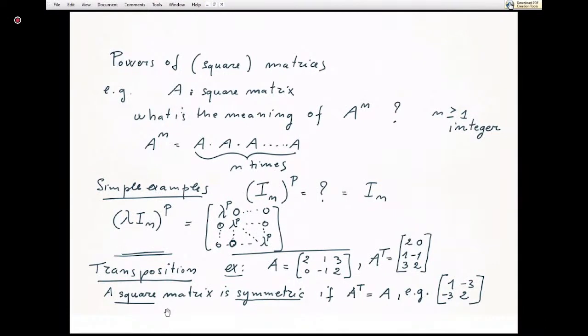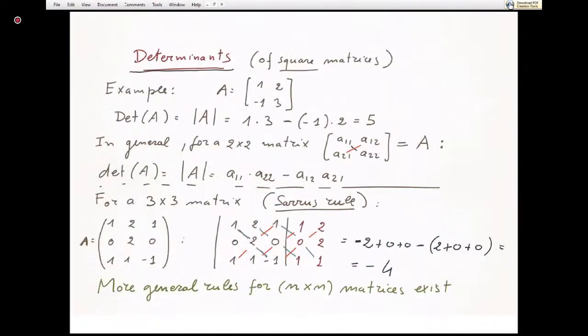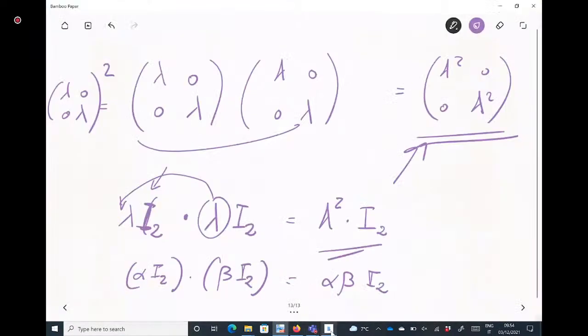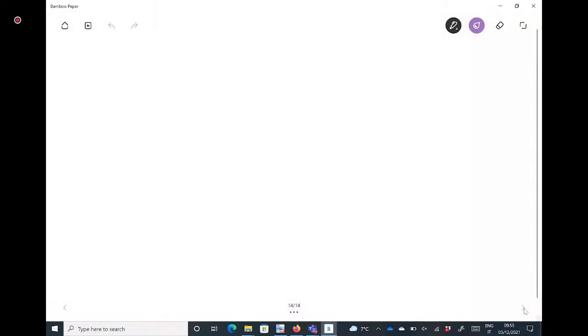Now, what is a symmetric matrix? These are other structures that are useful. We defined the symmetric matrices already, but I want to show you one more thing on symmetric matrices. A symmetric matrix has this property.